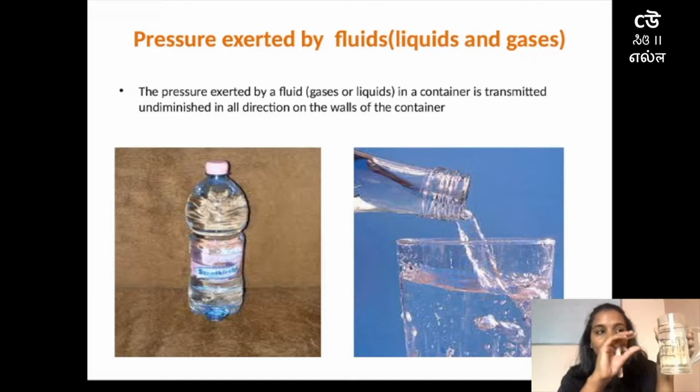The pressure exerted by the liquid molecules is considered in different layers, and in each layer the density of the molecules will be different. Whenever we measure the pressure exerted by this liquid, we consider the density as well as the height.